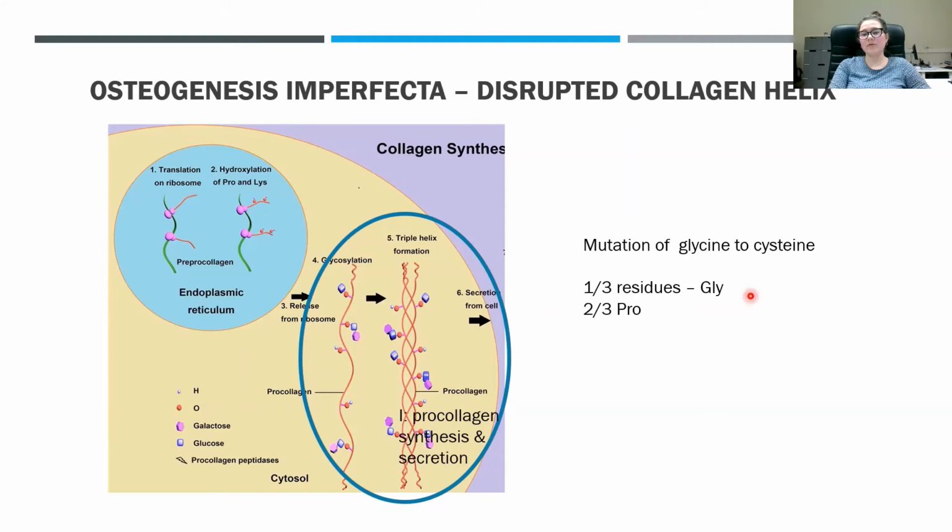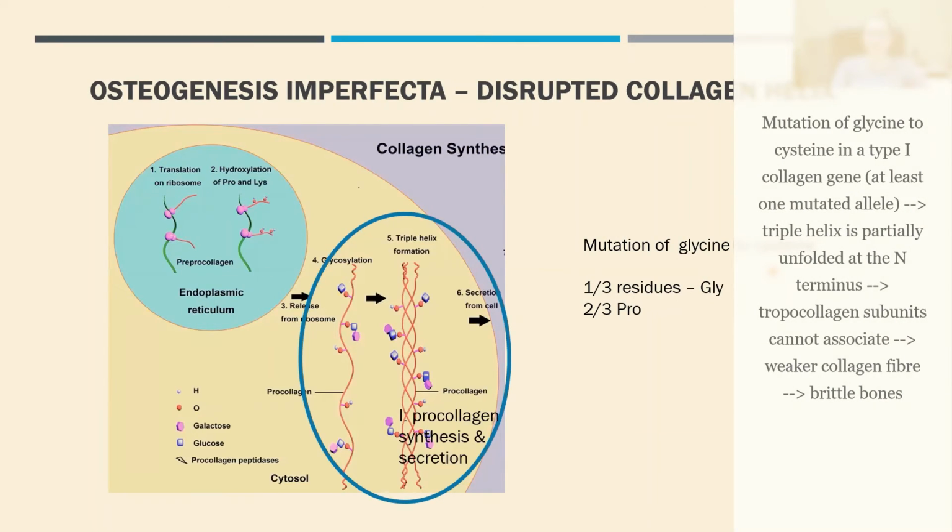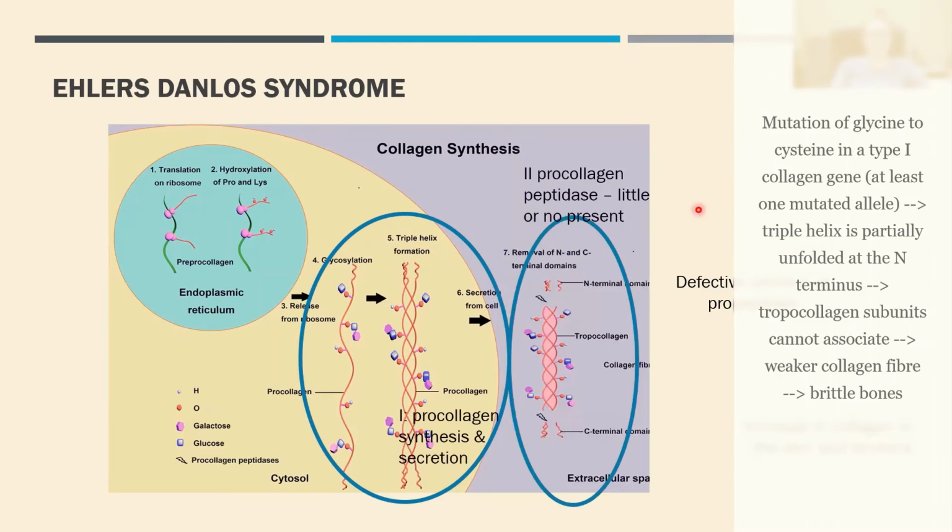Collagen is composed of glycine residues that compose 30% of collagen, and around 63% is composed of proline residues. So glycine is a very important amino acid, and if you have a mutation that causes absence of this amino acid, you have a disrupted collagen helix.